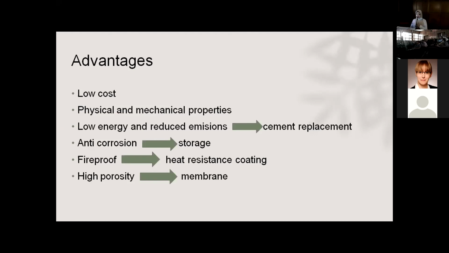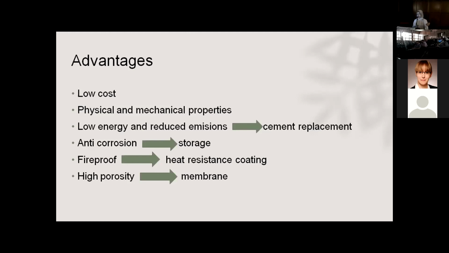The first and second criteria are low energy consumption and reduced greenhouse emissions. These two criteria make it a good replacement for Portland cement, because in the calcination of lime in cement production, CO2 is emitted, but the calcination of an aluminosilicate source doesn't emit CO2.